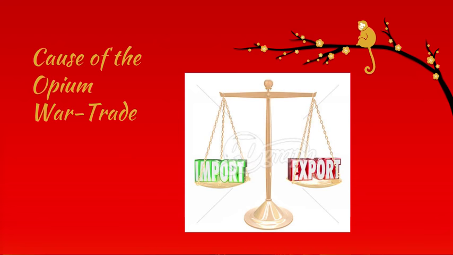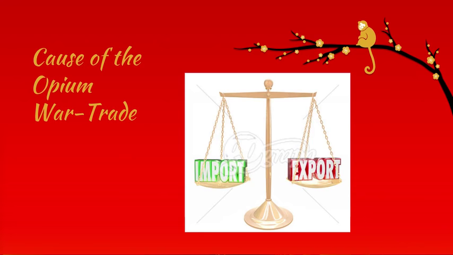Britain was buying more from China than they were selling, whereas China was selling more to Britain than they were buying. The goal of trading is to have it be even, as you can see with the picture. But problems arise when there are deficits or surpluses. Deficits meaning not enough, and surpluses meaning more than enough.